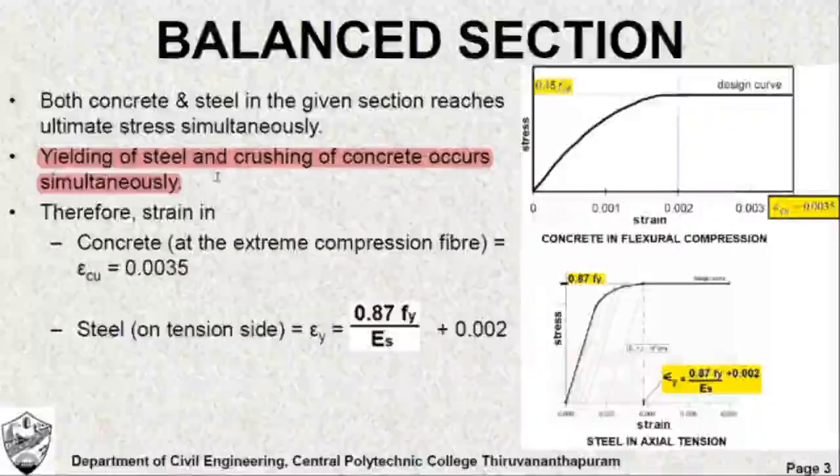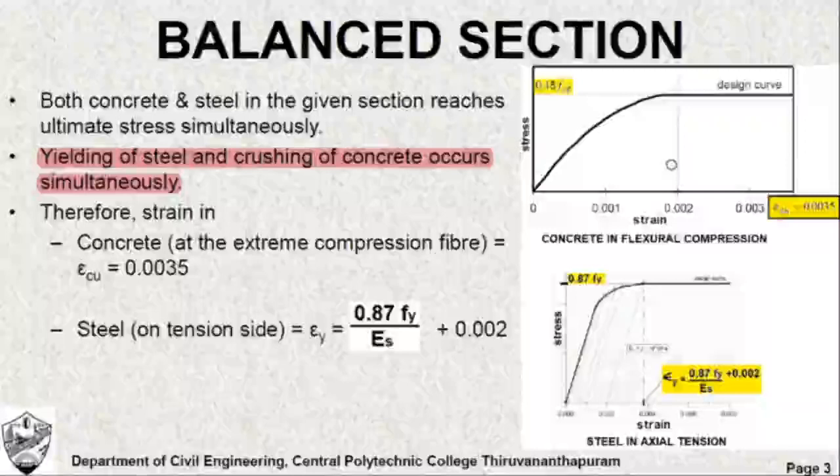We call an RCC beam as a balanced section when crushing of concrete occurs on the extreme compression fiber and yielding of steel occurs on the tension side.